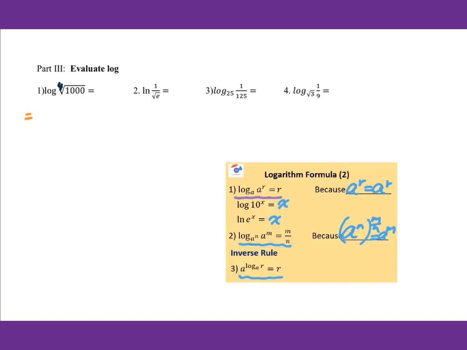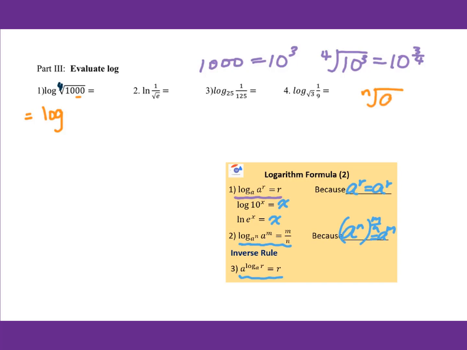For number 1, this is a common log. First of all, you have to change the argument into exponential form. 10,000 I can change into 10 to the third power. Therefore, fourth root of 10 to the third power equals 10 to the 3 over fourth power, because nth root of a to the mth power equals a to the m over nth power.